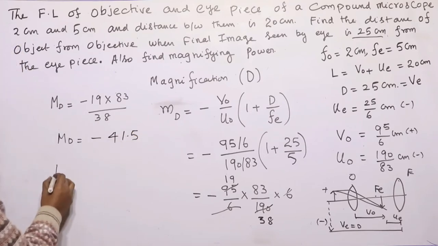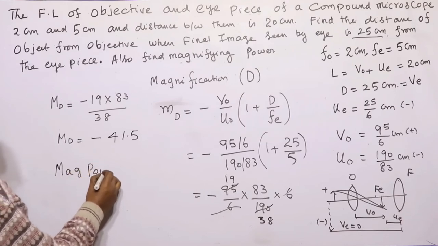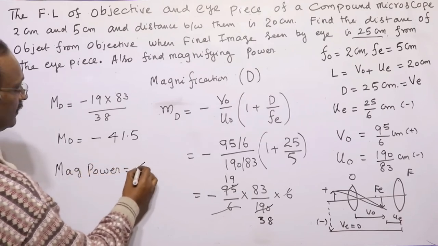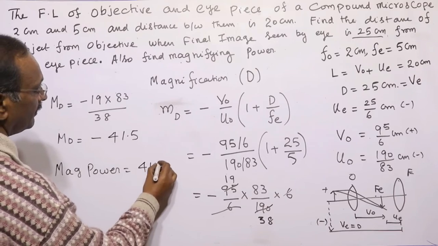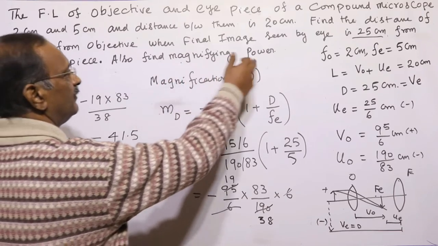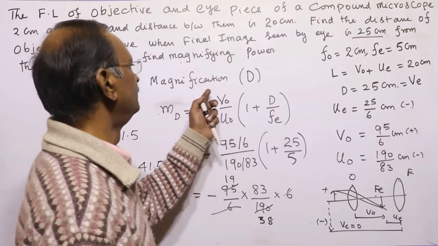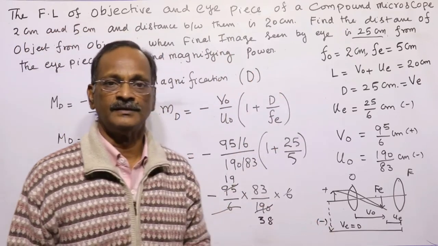That is, the magnifying power is equal to 41.5. This is the magnifying power of the compound microscope when the image is formed at the least distance of distinct vision.